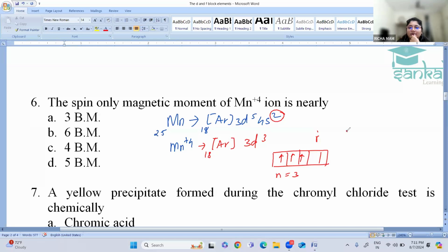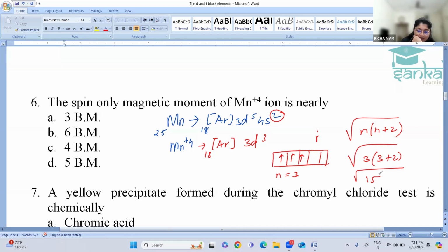Put the formula square root of n into n plus 2: 3 into 3 plus 2. 3 plus 2 is 5, and 5 threes are 15. If you see the square root of 15, what is the answer? 3.87.